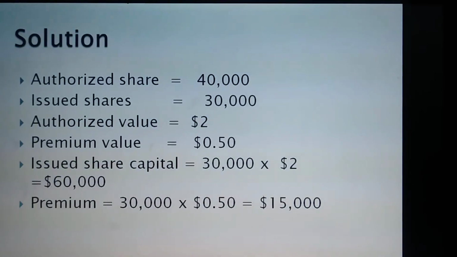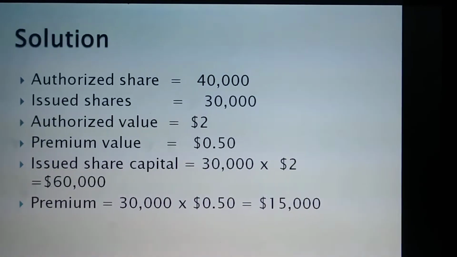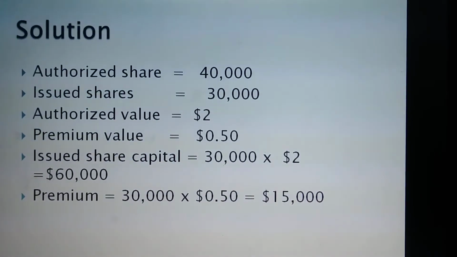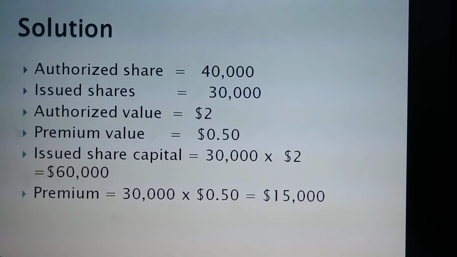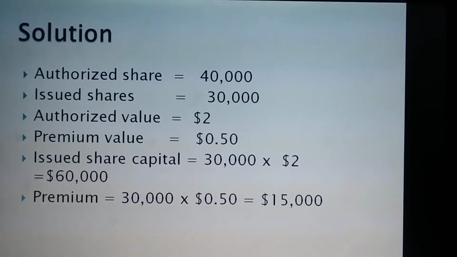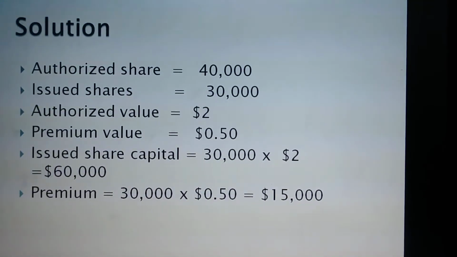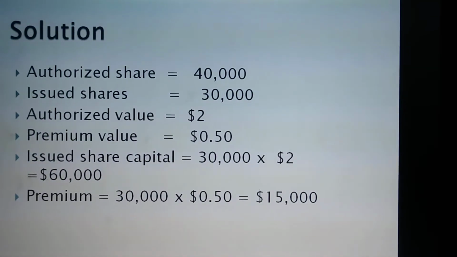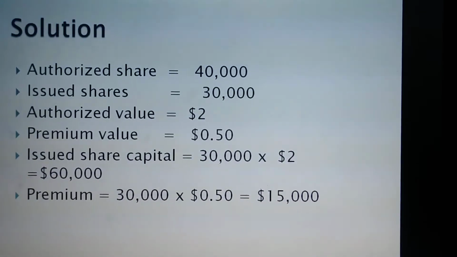The issued share capital, therefore, would be the 30,000 which was actually issued multiplied by the par value, which is $2. And that gives you an amount of 60,000. What will be the premium?